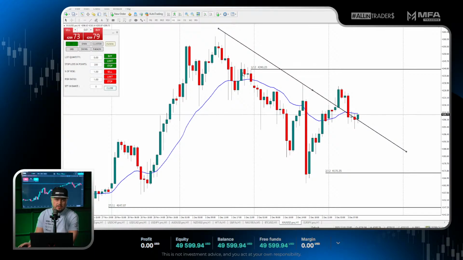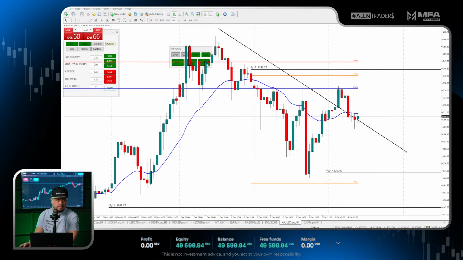And all we need to do now is to check if we got any clusters on the way. No clusters on the way, which is good. And previous day high, previous week, and previous month high and low. Okay, we got some things on the way which can block us from getting to the target.